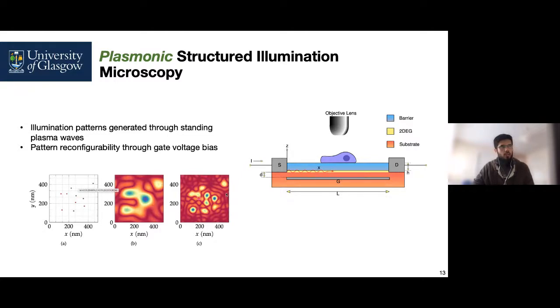But through the plasmonic structured illumination technique, we are able to resolve those closely spaced molecules as well.